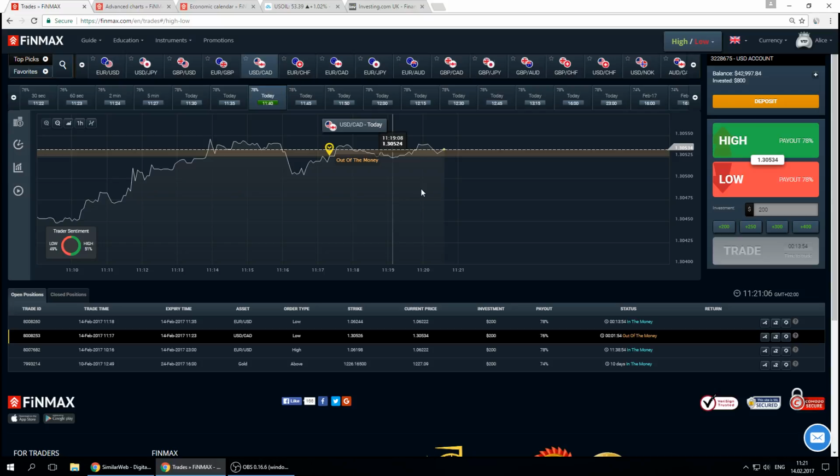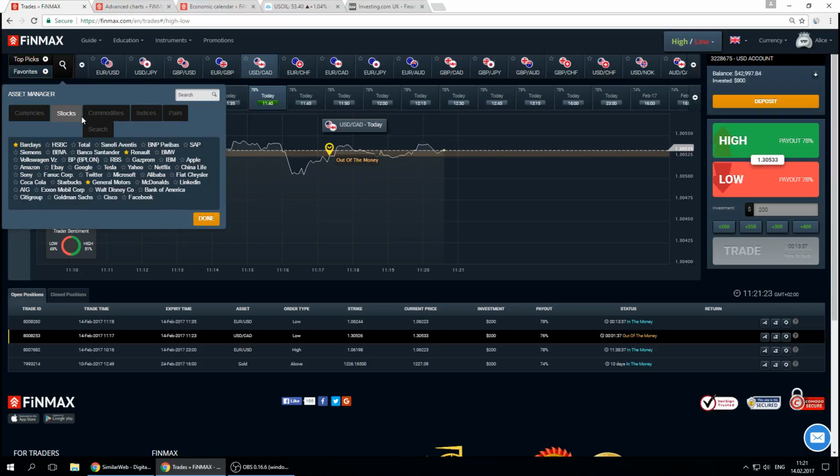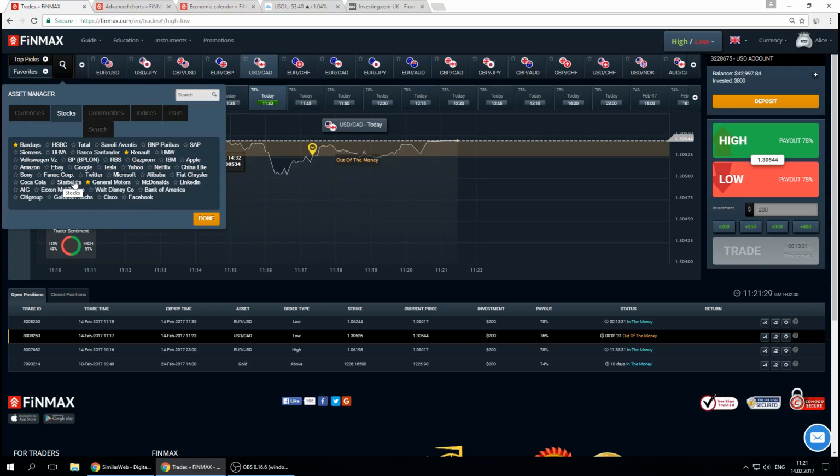There isn't such high volatility for these assets as for currencies. Of course, they don't work 24 hours, but still, when you have a suitable situation to open the trade, why not?